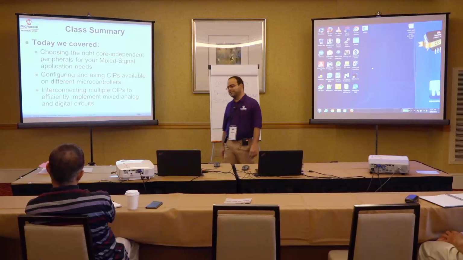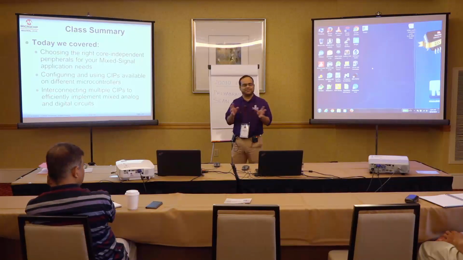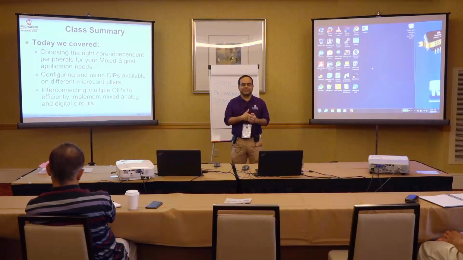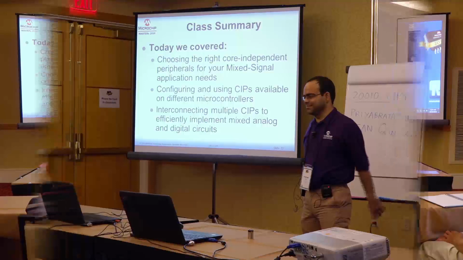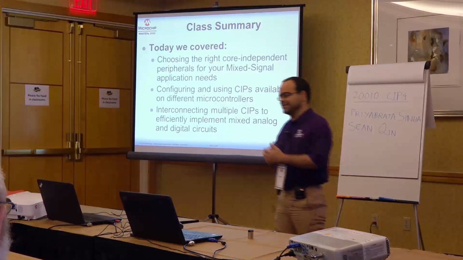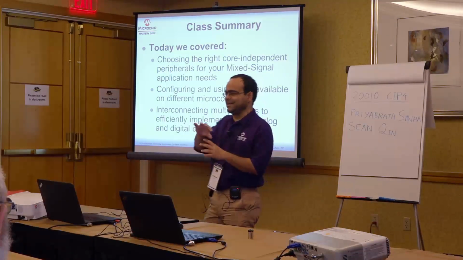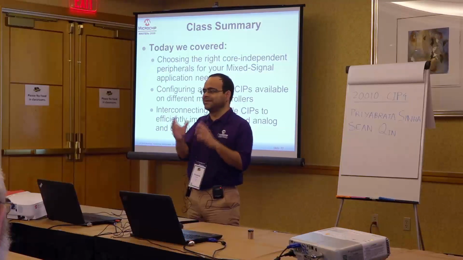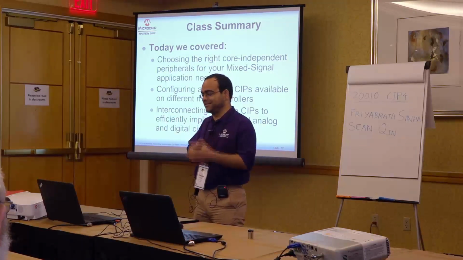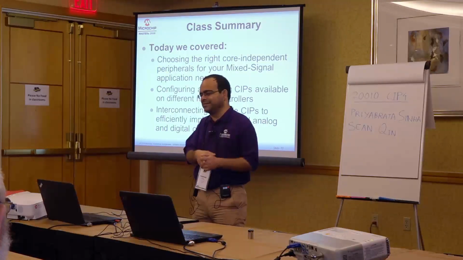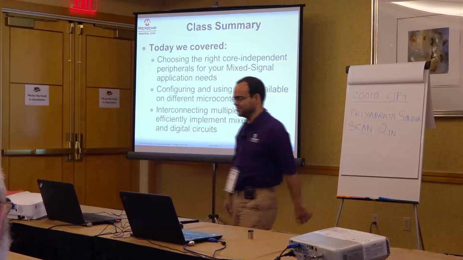So what we covered today is the whole suite of core independent peripherals present on 8-bit and 16-bit devices that would be relevant to mixed signal application requirements. Anything that eliminates your external analog and digital circuits, or implements interesting analog and digital signal chains in a creative way using a combination of core independent peripherals, is possible using these modules.